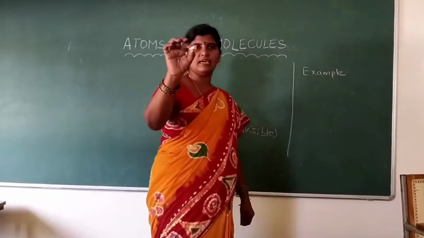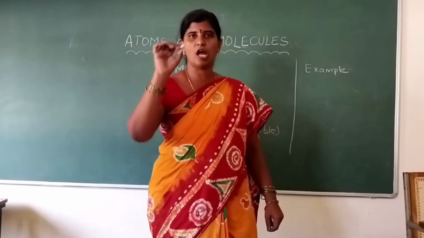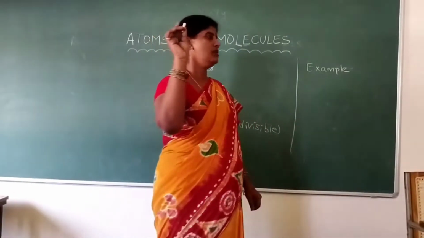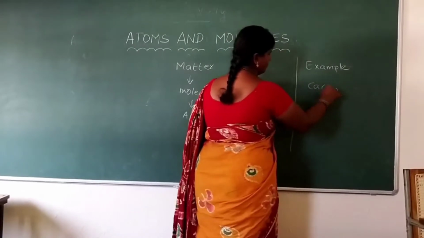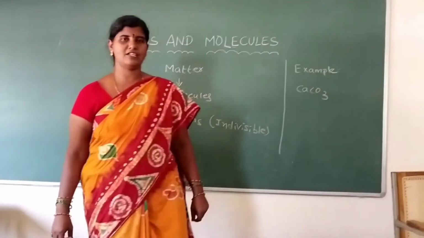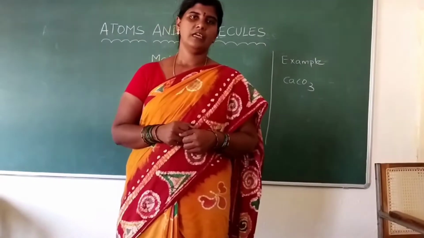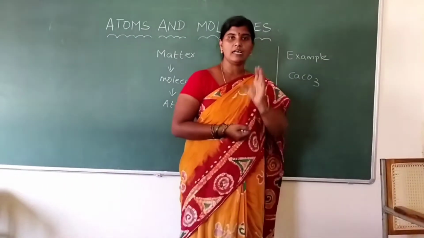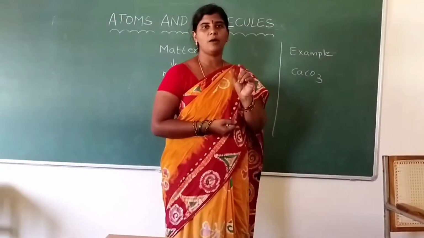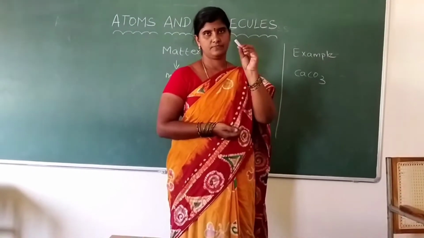I am writing with a piece of chalk. All of you know. Okay. So, a piece of chalk is made of calcium carbonate, CaCO3. Here, three different types of elements combine to form a substance.